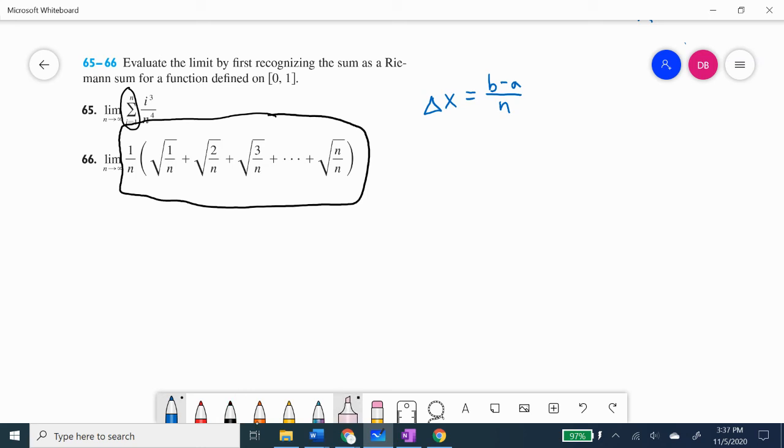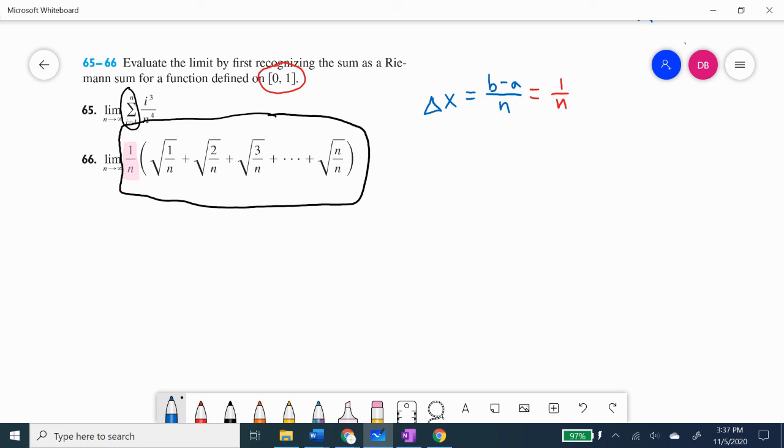And it is a number divided by n. And there you go. There's a factor of the whole thing. And they said to define it based on a definite integral from 0 to 1. So that fits with 1 over n if my a and my b are 0 and 1.